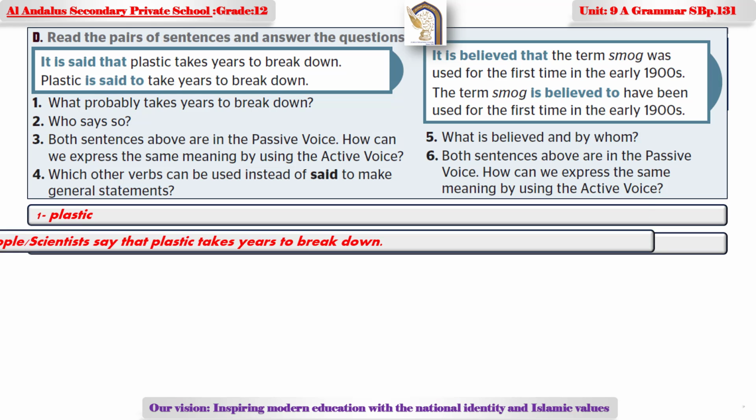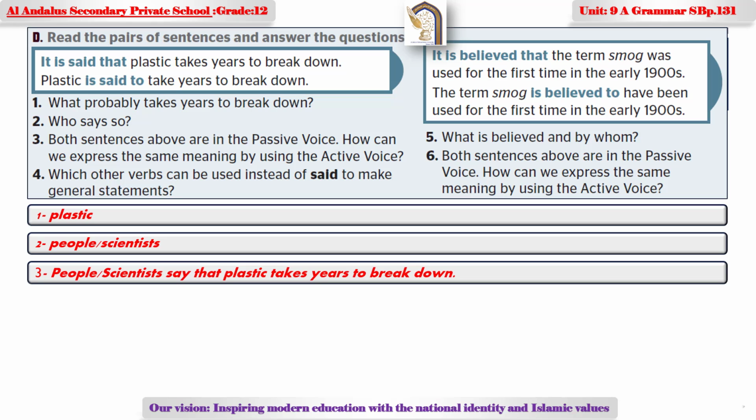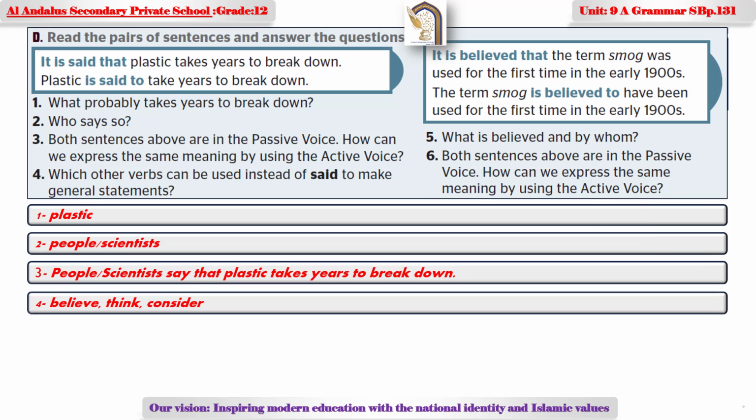That's right. People or scientists say that plastic takes years to break down. Question 4. Which other verbs can be used instead of said to make general statements? Yes, this is a good suggestion. We can use believe, think, or consider.